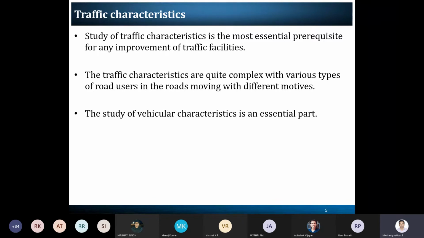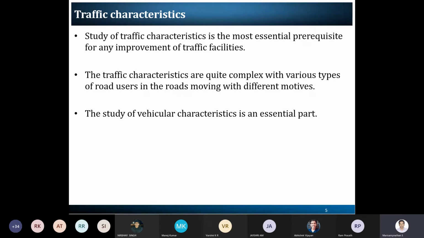Once you know the volume, then based on that you can decide whether to provide junctions, signals or bridges. Those kinds of conclusions we may come to from the applications or outcomes of the traffic characteristics.